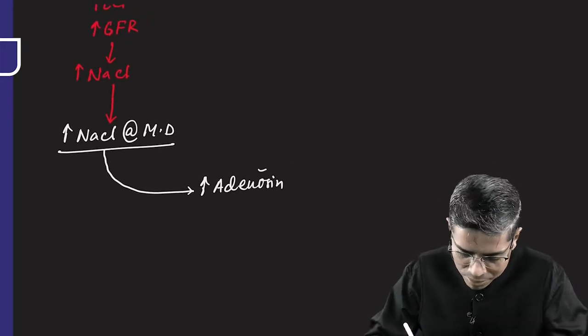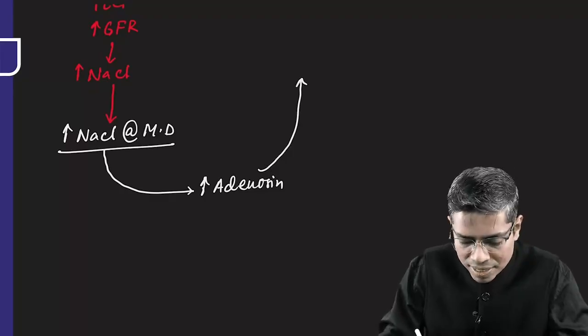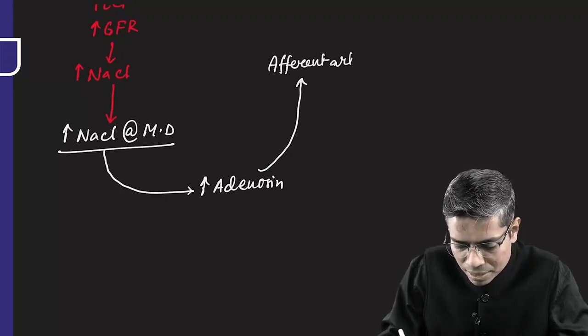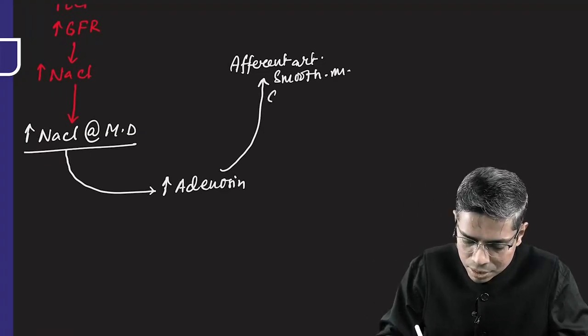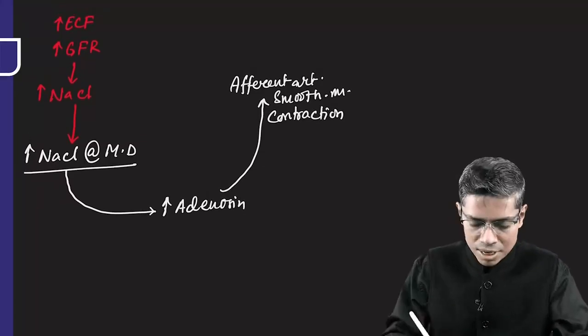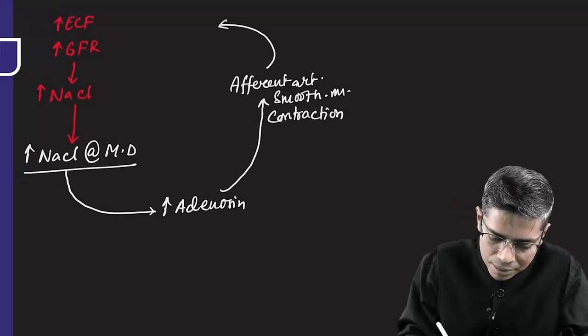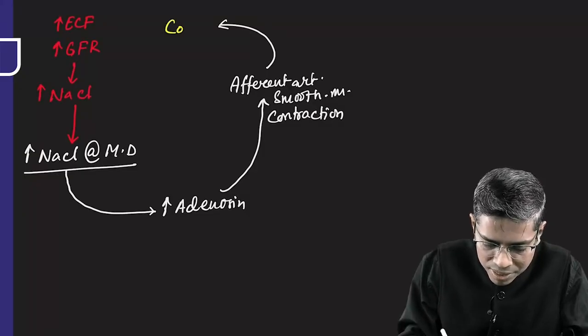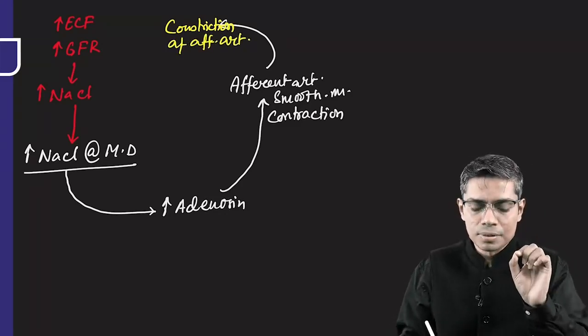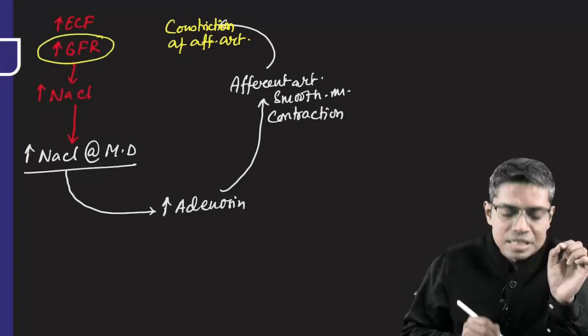Now what is the effect of this adenosine on the afferent arteriole smooth muscle? The afferent arteriole smooth muscles will be contracted. And whenever the afferent arteriole smooth muscle contraction is occurring, there will be constriction of afferent arteriole. Now you tell me, if there is constriction of afferent arteriole, what will be the effect on this GFR?